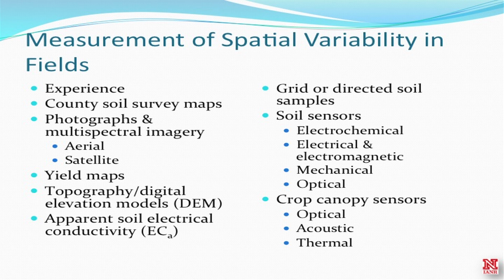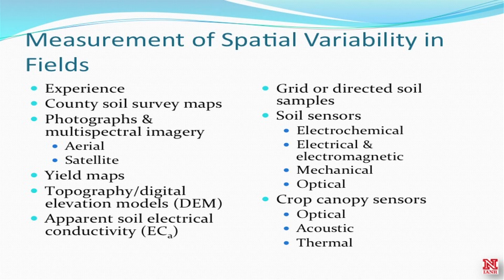So this is a list of some of the tools that we're using in research, or that farmers are using now in management, to assess variability. We start with experience. Just as you farm a field for a number of years, you get an idea of the areas that are good and not good in terms of how crops yield. The county soil surveys that have been available for many years are a resource that we really take for granted here in the U.S. Much of the rest of the world has no access to that scale of information about soils like we have here.